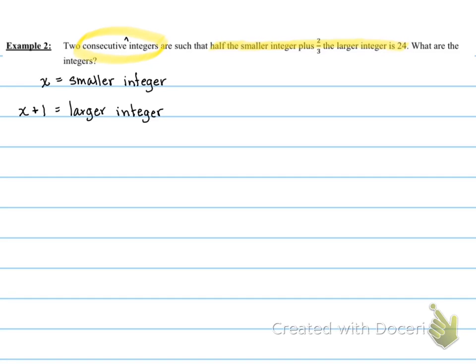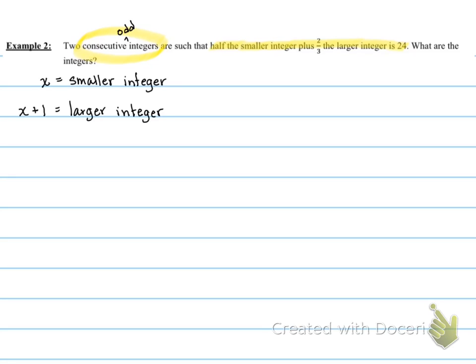If this said consecutive even integers, how much would they differ by? 2. 2, 4, 6, 8, 10, right? So my larger number would be x plus 2. If these were consecutive odd integers, how much would they differ by? Also 2, right?